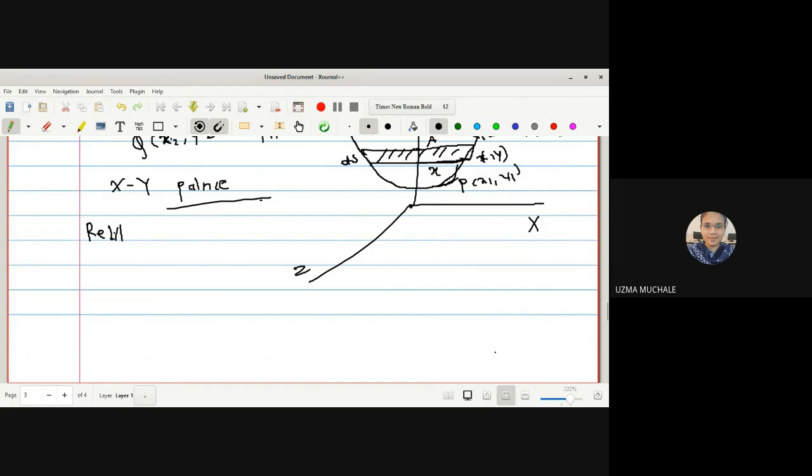Revolving this about the y-axis. Now our aim is to find out the curve for which the surface area is minimum.